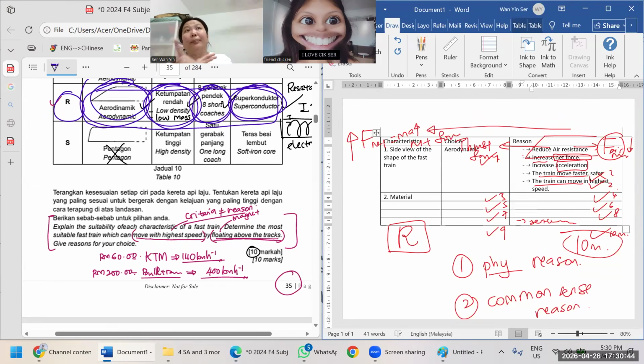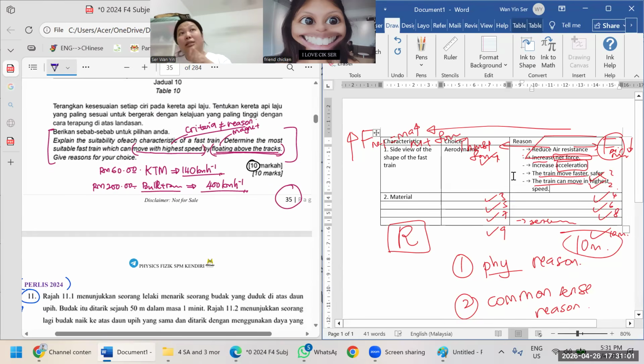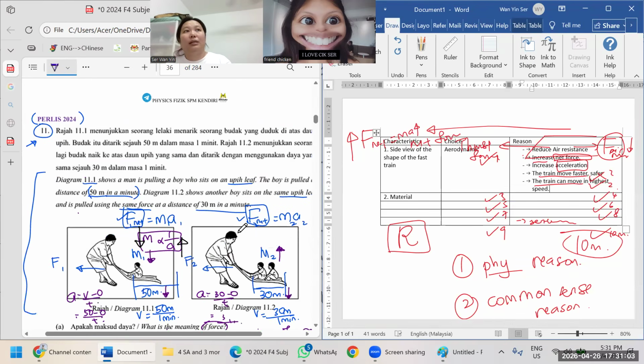It's correct, but you repeat the criteria. Criteria cannot be your reason. Okay. It's okay because you're a very new beginner. That is the technique for 10 marks.